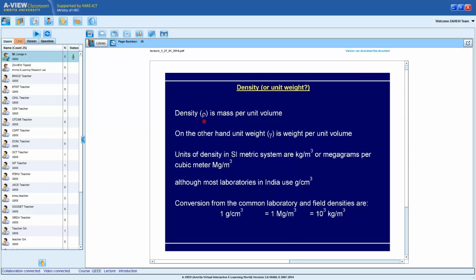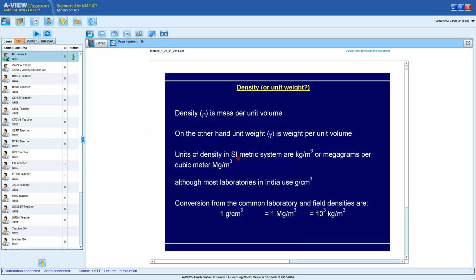In school we have been taught density is mass per unit volume. On the other hand, unit weight is represented by gamma. Gamma is weight per unit volume. Density is represented by rho, unit weight by gamma.